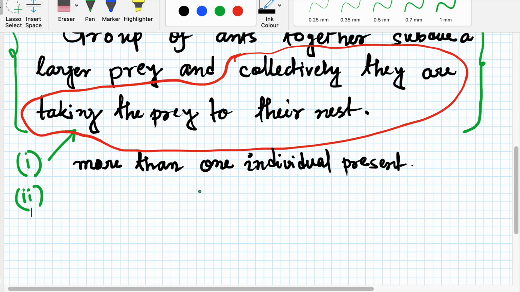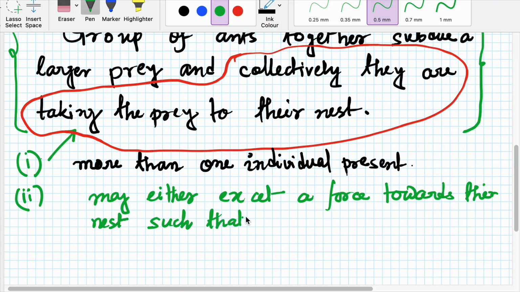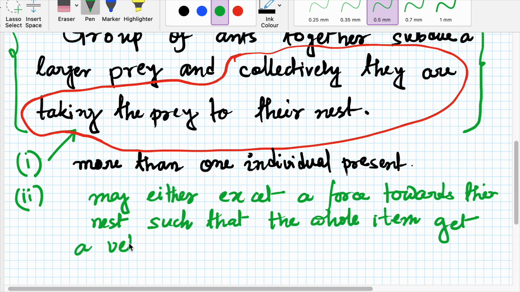But now let's focus on one particular thing: every individual may either exert a force on that larger prey item towards their nest, such that the whole item gets a velocity towards the nest.